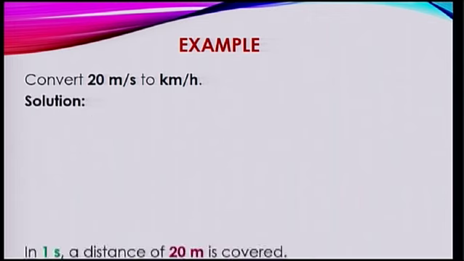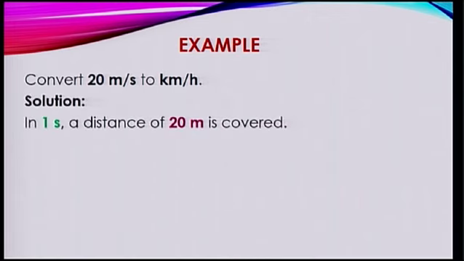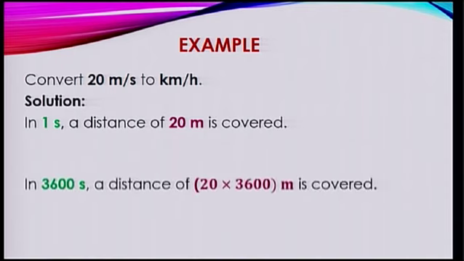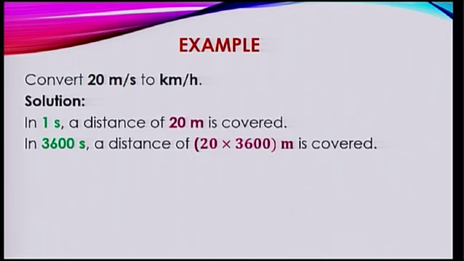Let's see another example. Suppose now you want to convert 20 meters per second into kilometers per hour. How do we do it? Well, in 1 second, a distance of 20 meters is covered. If we want to convert second to hour, so in 3,600 seconds, you will have a distance of 20 times 3,600 meters.